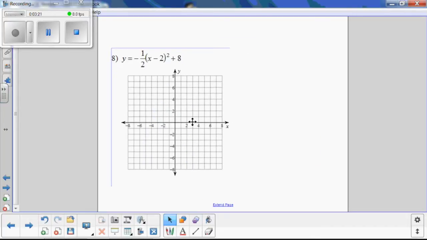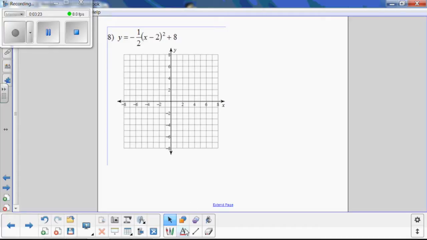Number 8, we talked about how we could use our calculator to get the information that we needed. And so I could type this in y equals, just like I see it.